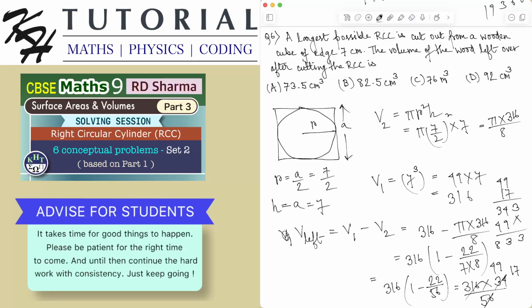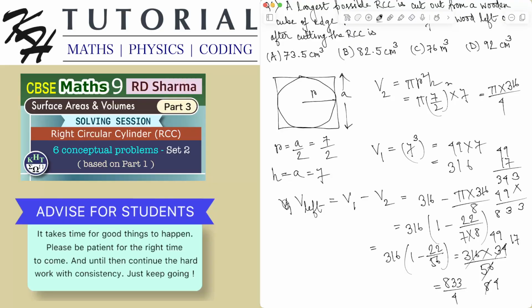So then the volume of the largest possible RCC will be pi r square h, which is pi 7 by 2 squared multiplied by 7. I made a mistake over here. This will not be 8, this will be 4.